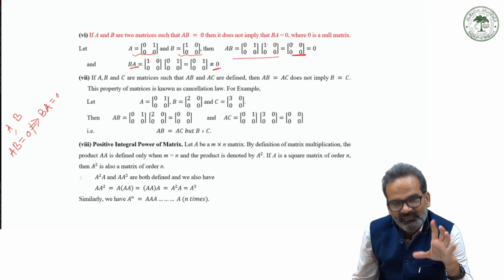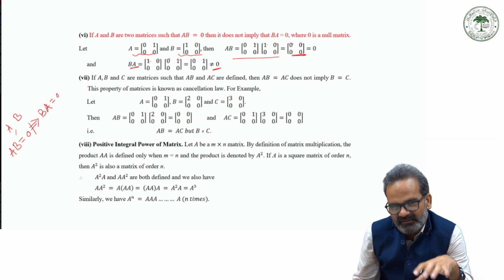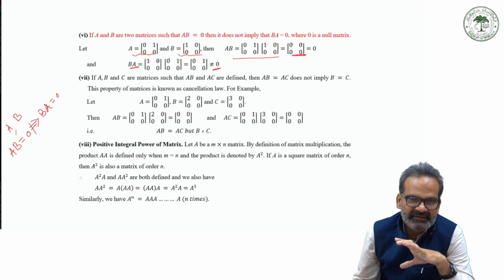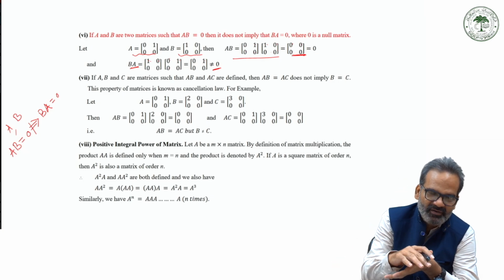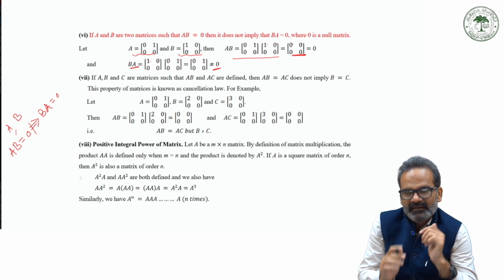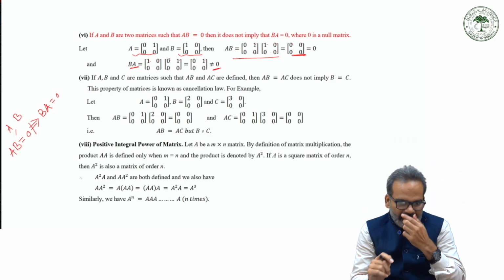Means we can take two matrices A and B, of course they are non-zero, and the product of the two matrices AB is coming out to be 0, then it never implies that if we reverse the order, that is the product BA is also 0, as shown by this example, right?